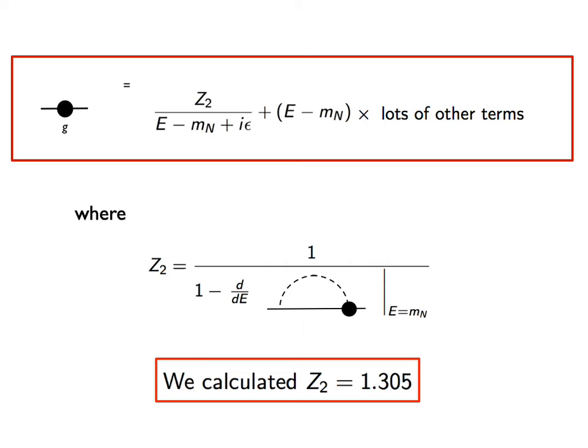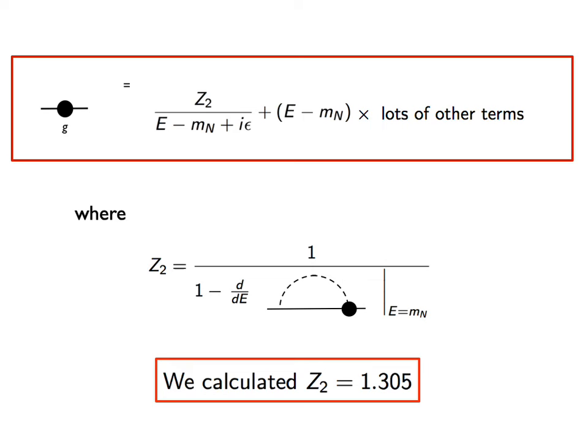In exact field theory, the coefficient of the explosive term, which I've called Z2, is always a number between 0 and 1, and for this reason it's often interpreted as being a probability. But when we calculated Z2, we got 1.3, which obviously isn't consistent with this interpretation.